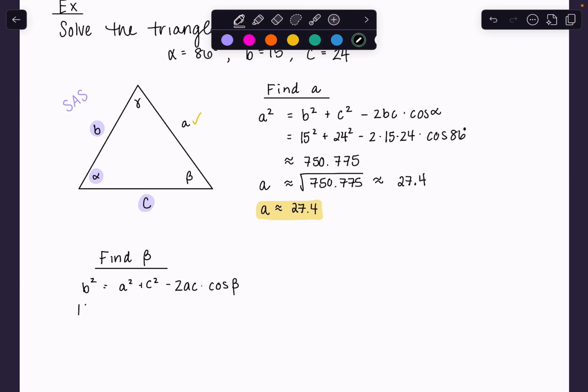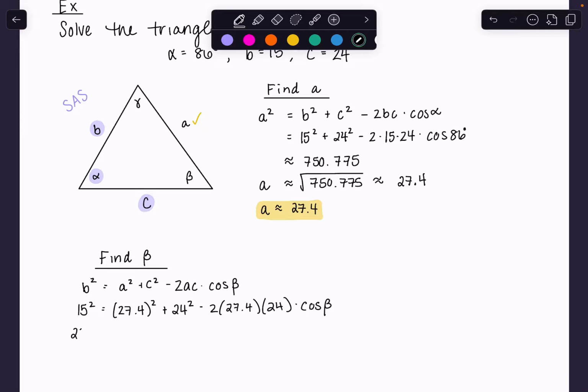So plugging in B is 15, A is 27.4, C is going to be 24, and then we have 2 times 27.4 times 24, and then we have cosine of beta, that is our unknown. Okay.